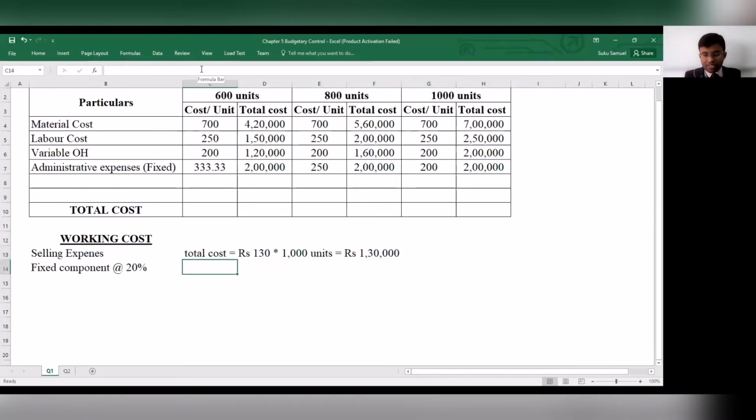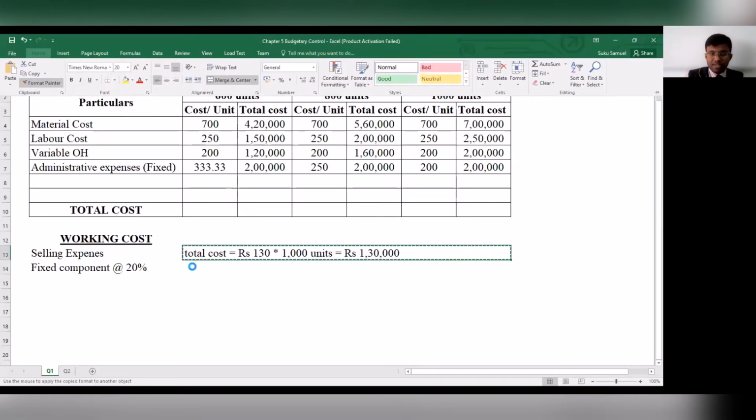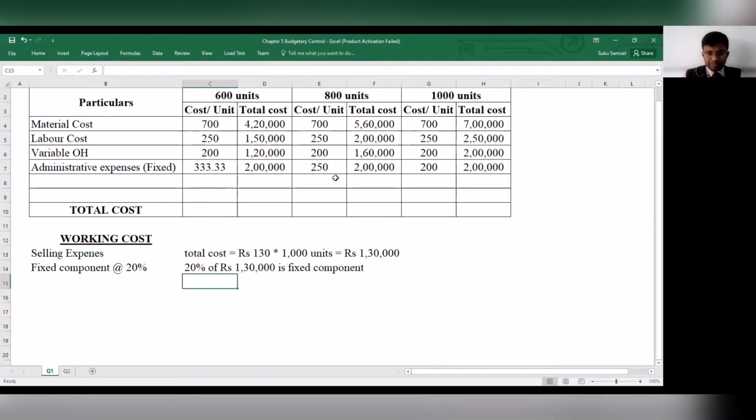Now, what this means is 20% of 1,30,000 is fixed. So 20% of rupees 1,30,000 is fixed.